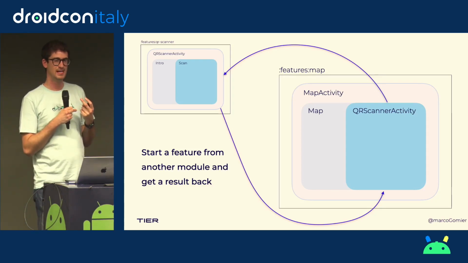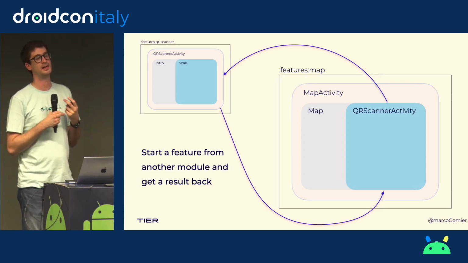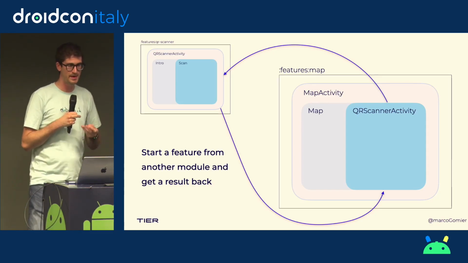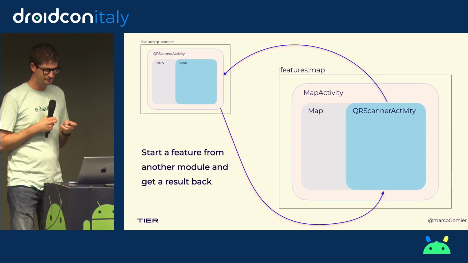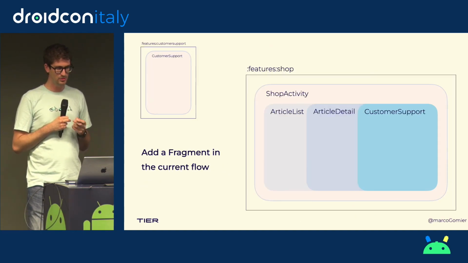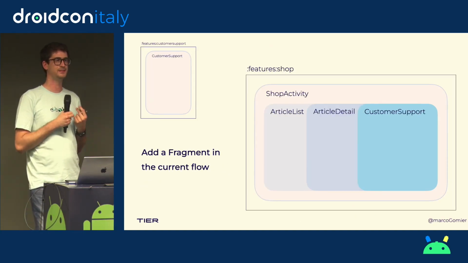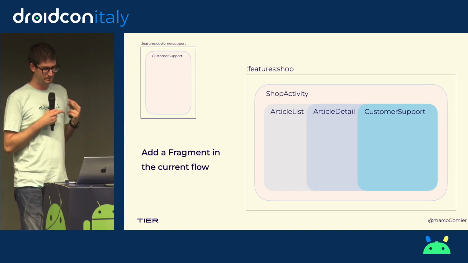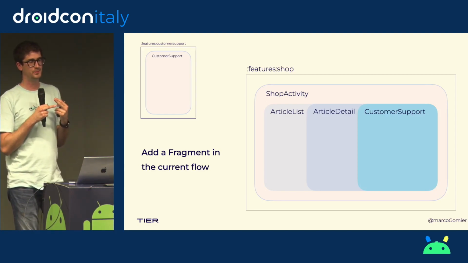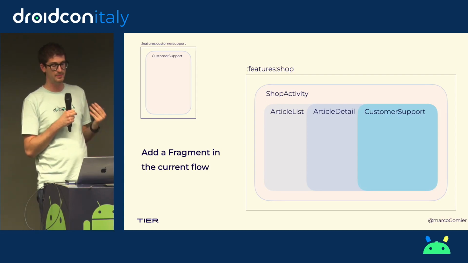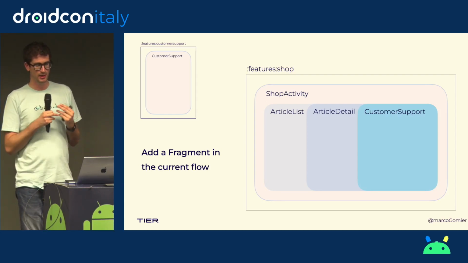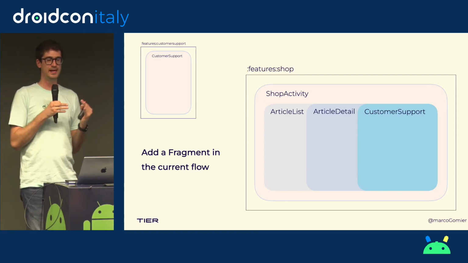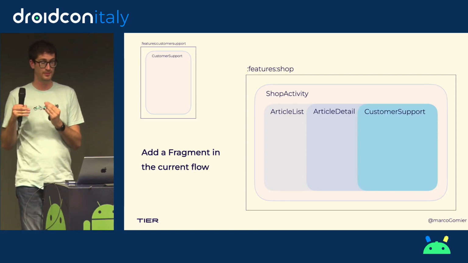So the classic example is the QR scanner activity that has different flows, but we want a result back to be handled. And also another use case that we have is a bit more complex. So for example, we want to simply add a fragment in the current navigation flow. In the shop activity, like I said, we have a flow of different fragments.